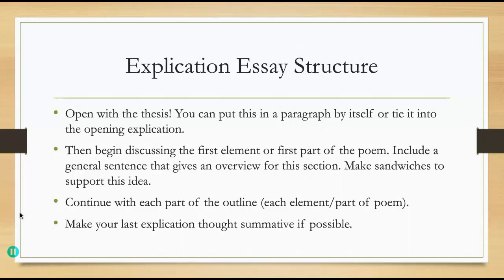Make sure that you include a general topic sentence at the beginning of that section, and then make sandwiches to support that idea. You'll repeat that with each element or each part of the poem present in your outline, and then your last thought of the essay should be as summative as possible of the essay as a whole.